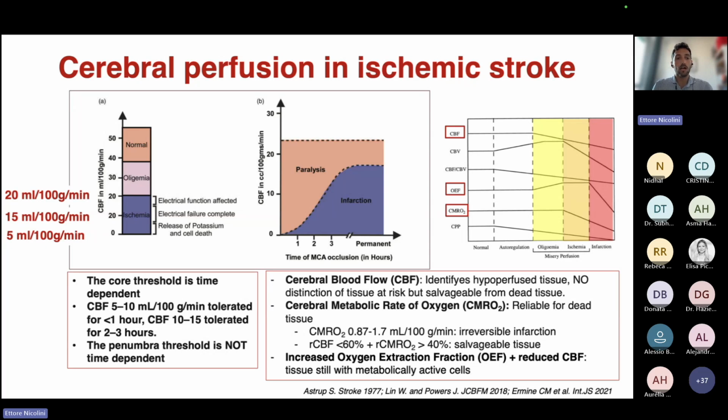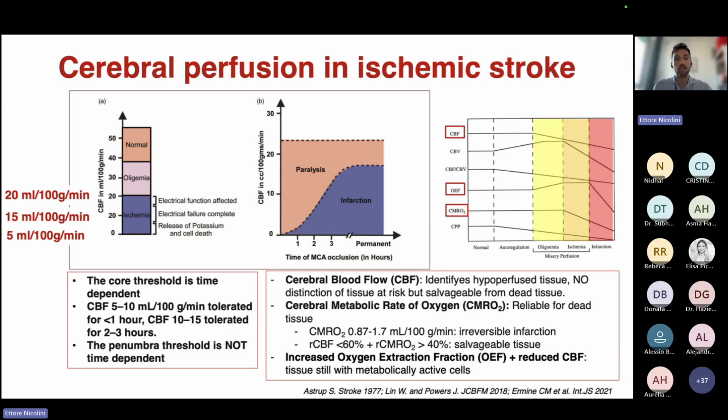Conventionally, we set the threshold for irreversibly ischemic damage below 5 milliliters per 100 grams per minute. But actually, while the threshold for the ischemic sufferance is set and stable, so for what we call the penumbra, is not time dependent, for the core, so for the irreversibly damaged tissue, this is time dependent.